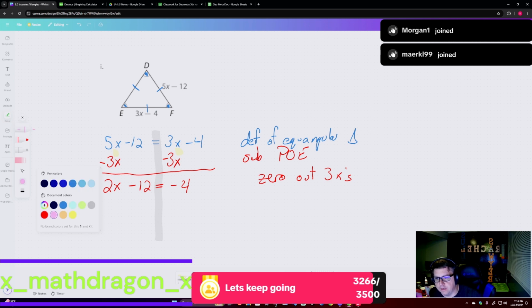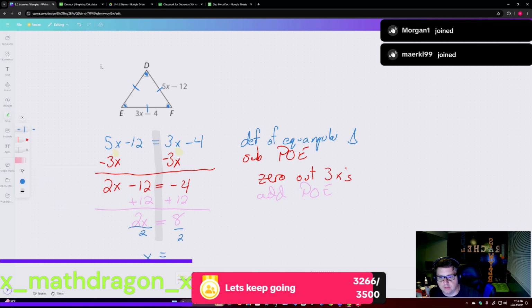So then I'm going to add 12 to both sides. That's the addition property of equality. So that 2x equals 8. Divide by 2, and x equals 4. So we're going to do division property of equality.